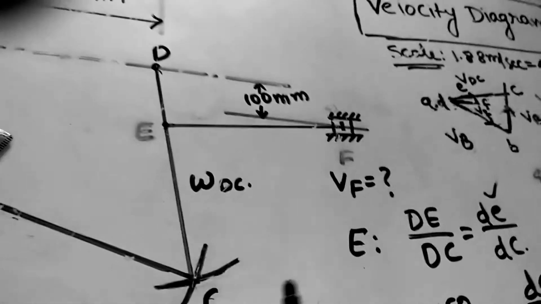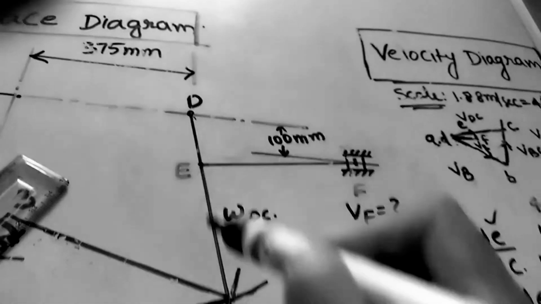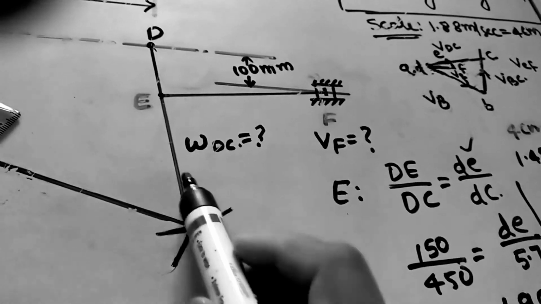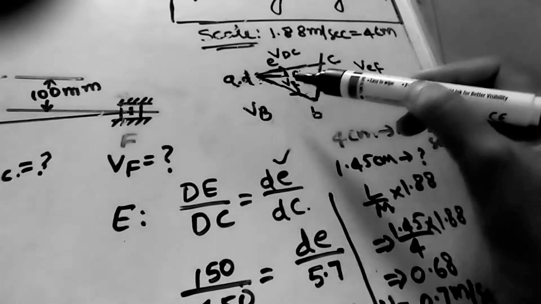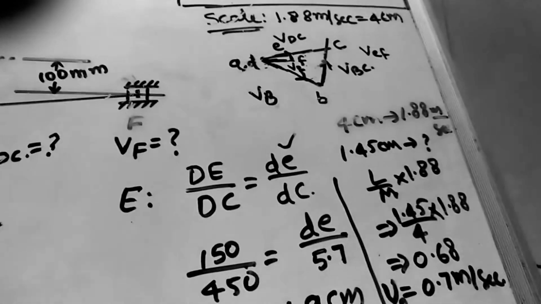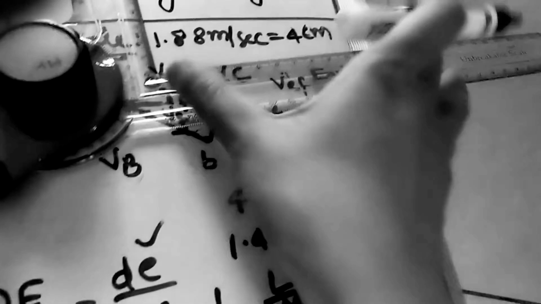Okay, so next what we have to find, this DC link angular velocity we have to find. Okay, first find the linear velocity of DC by using DC length. Okay, so measure that value DC by using the scale.